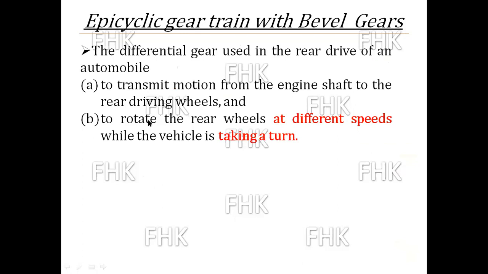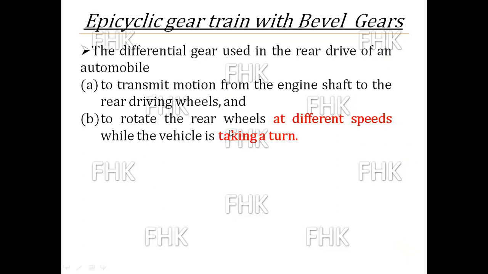The second purpose of the epicyclic gear train used in the differential is to rotate the rear wheels at different speeds while the vehicle is taking a turn. This is an important application which the differential unit satisfies.